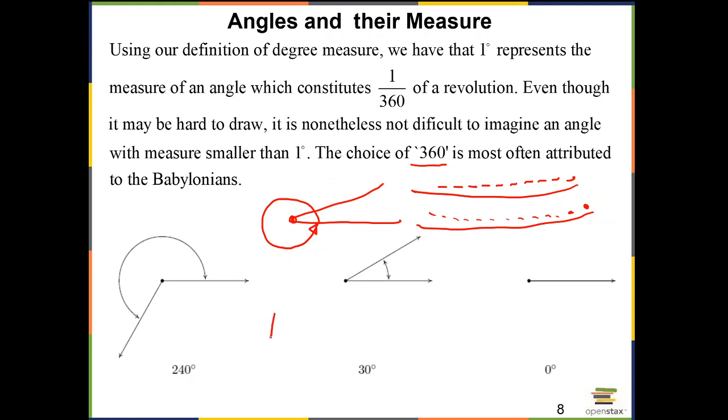So they divided 1 degree into 60 parts, and that was a minute. So 1 degree was 60 minutes, and then they divided each minute into 60 parts, and that was a second. So each minute is 60 seconds. Just like we divide the hour into minutes and seconds with time, that's what they did with degrees.